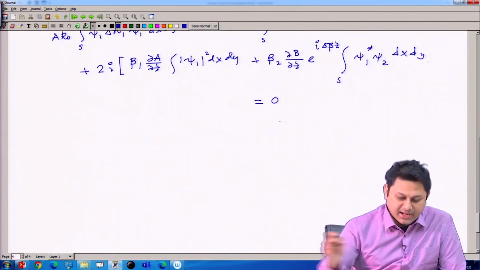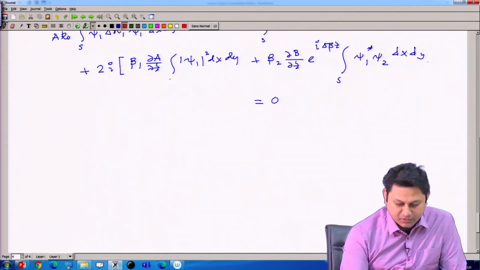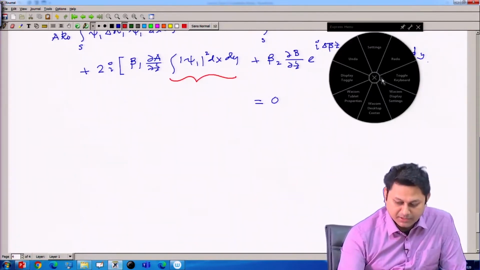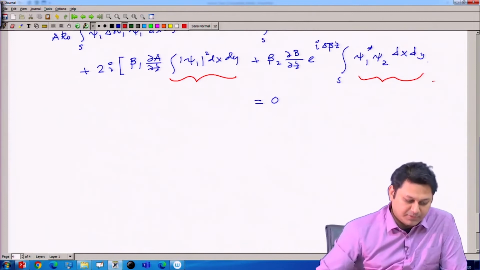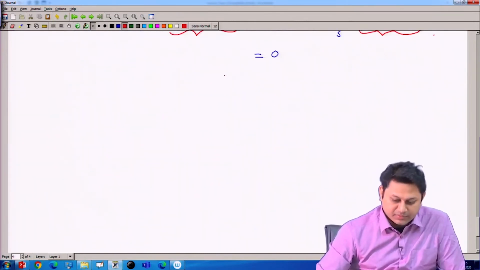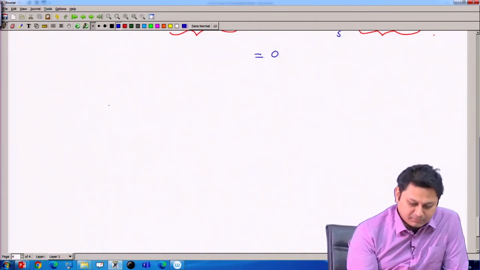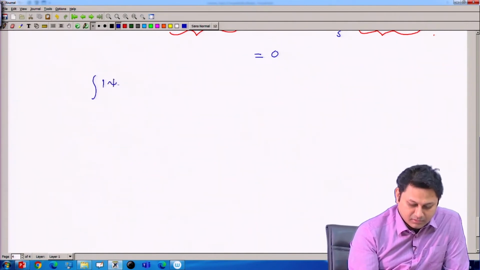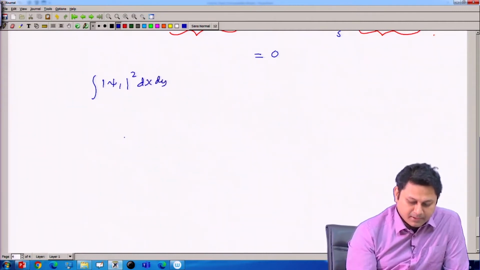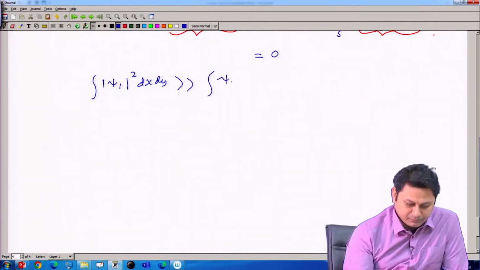Now, as I mentioned, I have some sort of coupling term here, and this is some kind of overlapping term. This is the self overlapping, and this is the cross overlapping. Normally this self overlapping term, which is overlapping between psi 1 with itself, mod psi 1 square dx dy, is much greater than the cross overlapping term psi 1 star psi 2 dx dy.